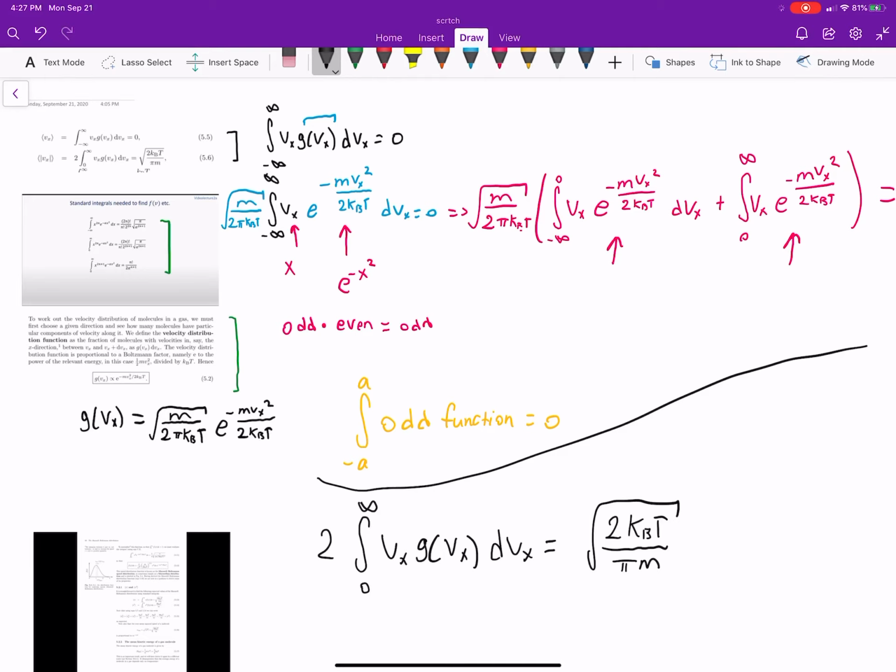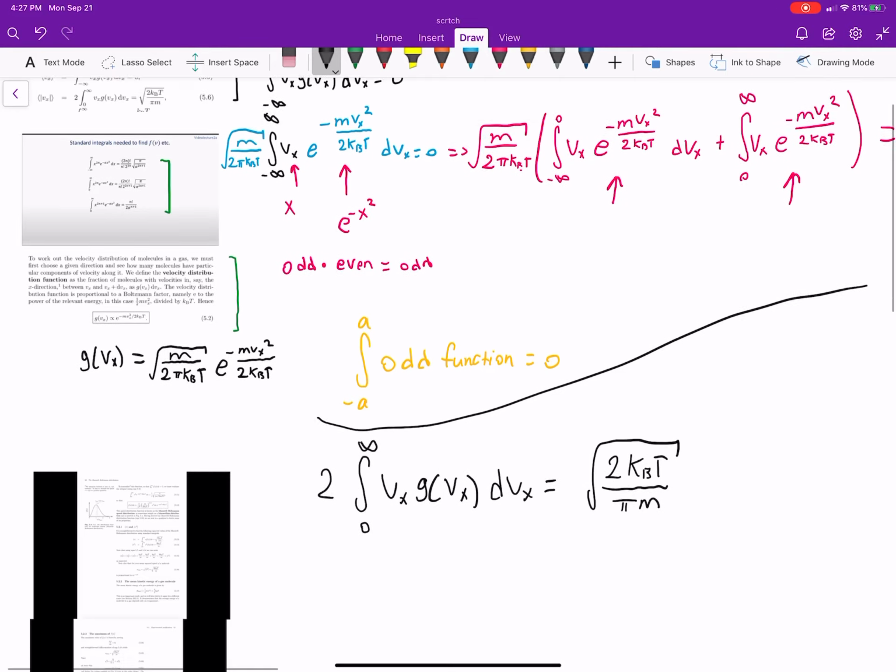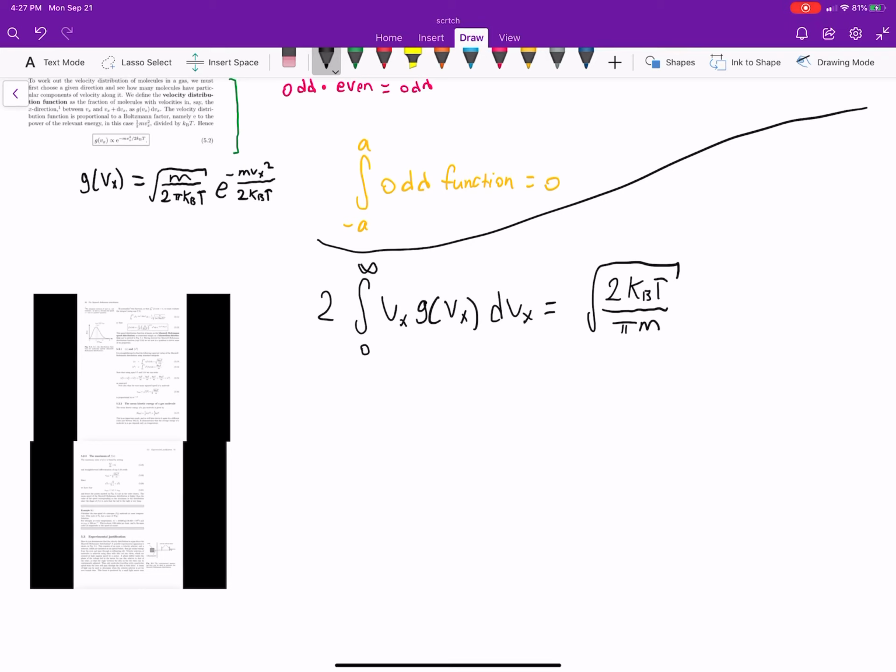All right, so a little bit to go here. Let's start by substituting in what we know. So we have a 2, the integral from 0 to infinity. We have v of x, and then g of v of x is what we've covered before, same as before.